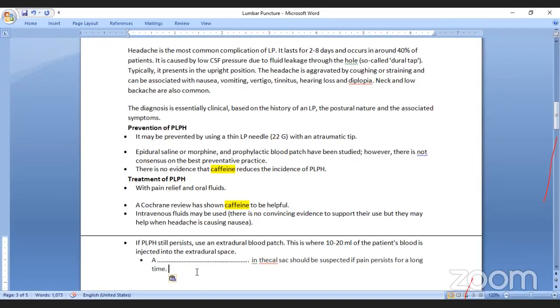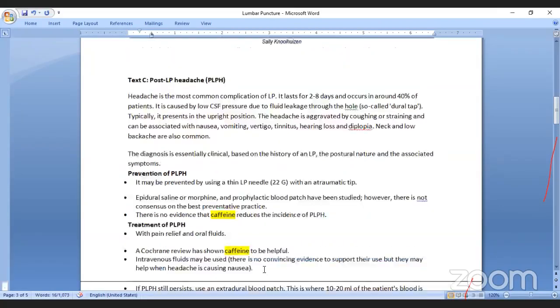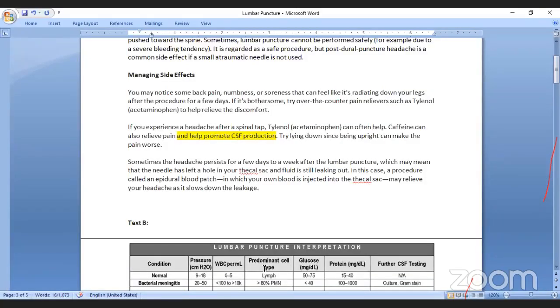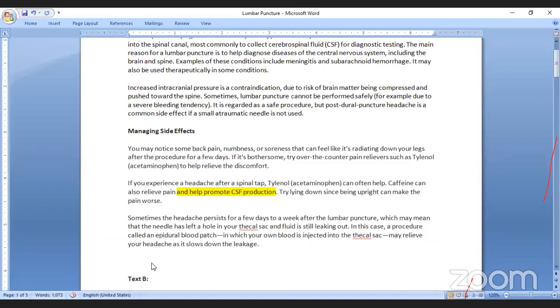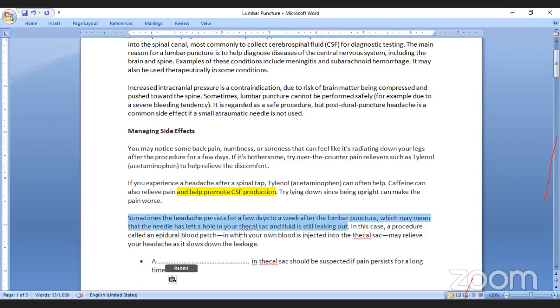No. I think no. So let us go here. Here you can find this.